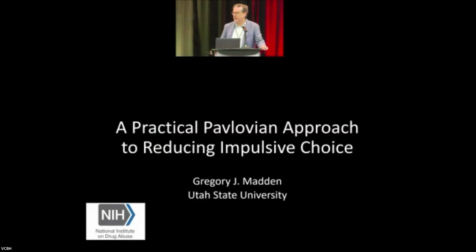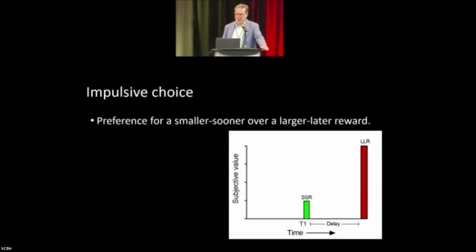So I'm going to talk today about impulsive choice, which is one of the facets of impulsivity. But in this specific facet, an impulsive choice occurs when there's preference for a smaller, sooner reward, which is given here, SSR.